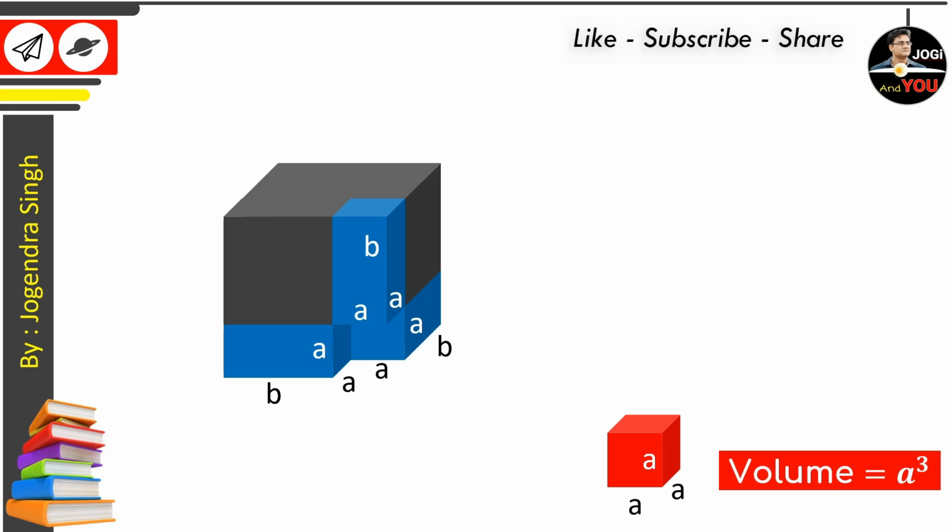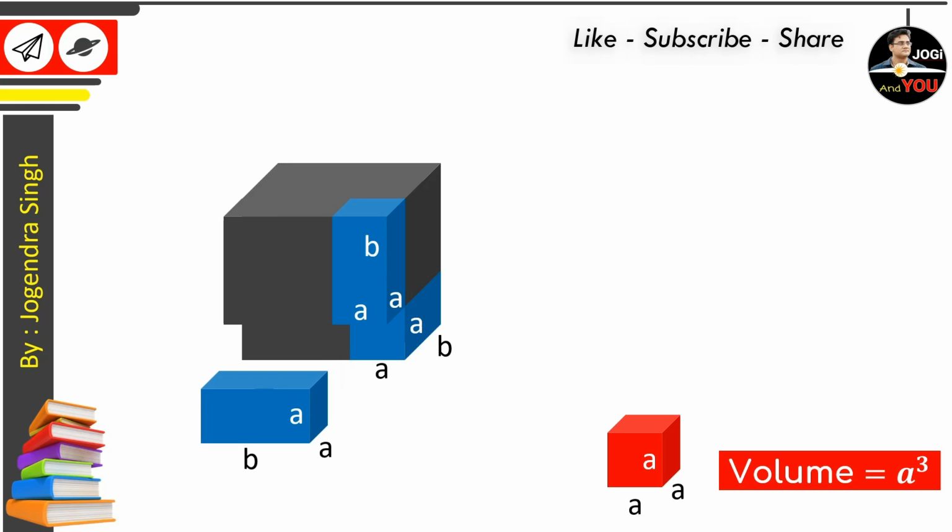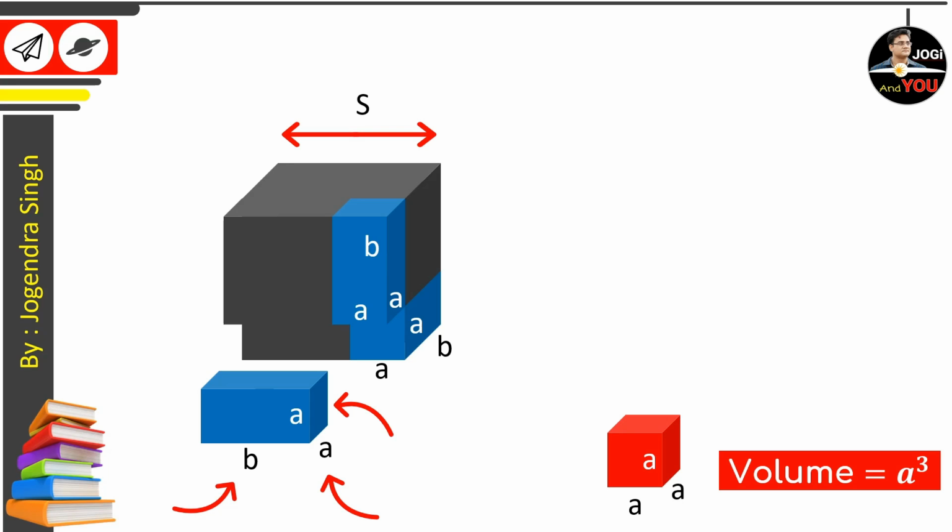Now I am going to take this blue part away. You can see that these both are A, but this is B in length, because we saw that S is nothing but A plus B. Since we have pulled out A, it is B here and the volume of this part becomes A squared B. Now we have similar pieces on all three sides.